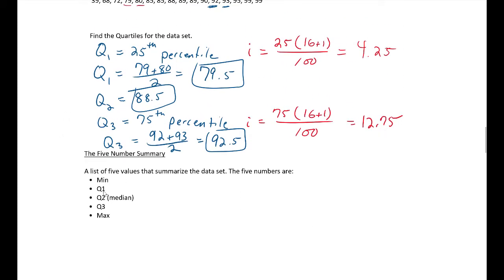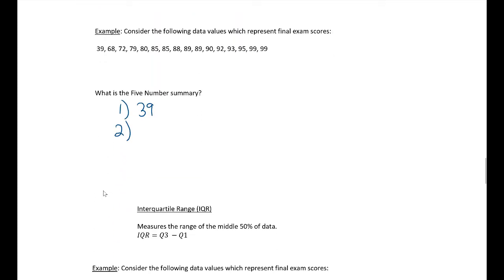So using the same data set we've been using so far, what's our 5-number summary? Well, the first number is our minimum, or our minimum data value is 39. Our second number is Q1. And if you remember, Q1 was 79.5. The third number of the 5-number summary is the Q2, or the median, and that was 88.5.